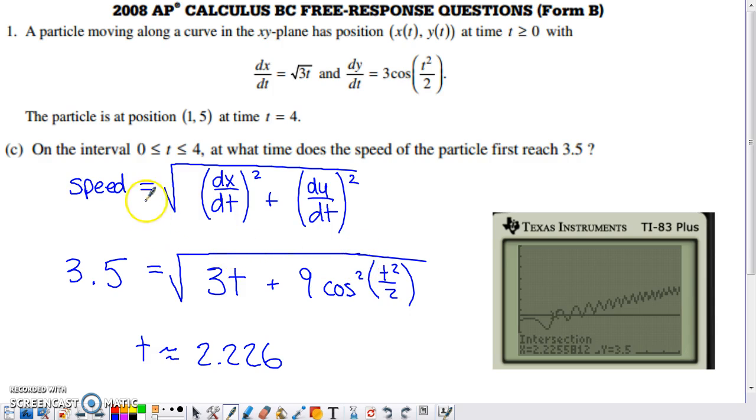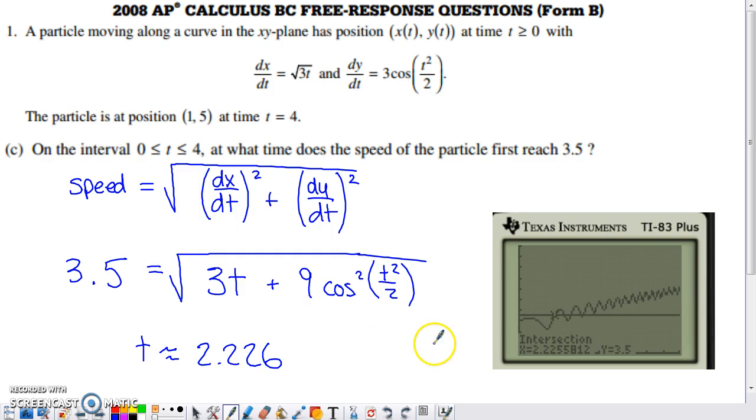If I use my speed formula, using the magnitude of the velocity vector, I get this expression for speed. And if I apply this expression to these specific components, dx/dt and dy/dt, it ends up simplifying to this right here.